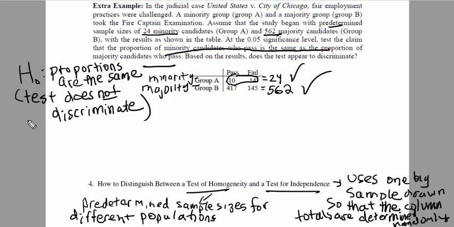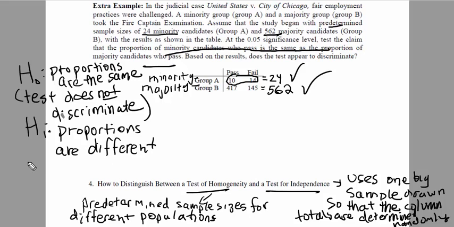And H1 is going to be that the proportions are different, meaning that the test does discriminate.